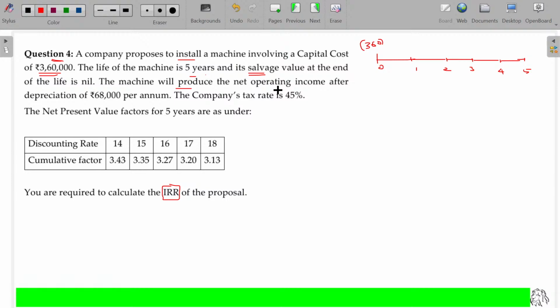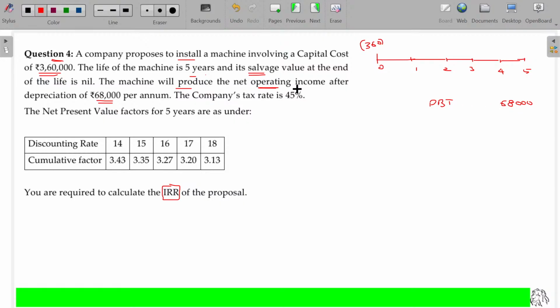The machine will produce the net operating income after depreciation 68,000 rupees. So, net profit before tax, okay, profit before tax being 68,000. For the IRR calculation, we are in need of what? Only the cash flows.